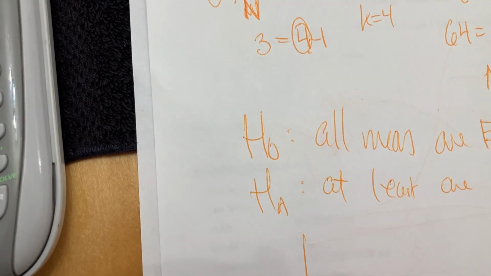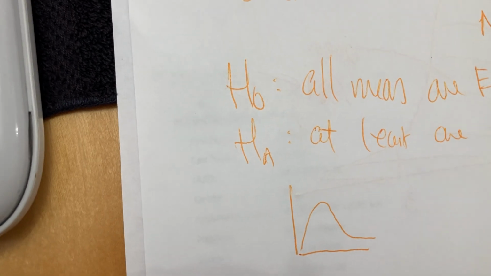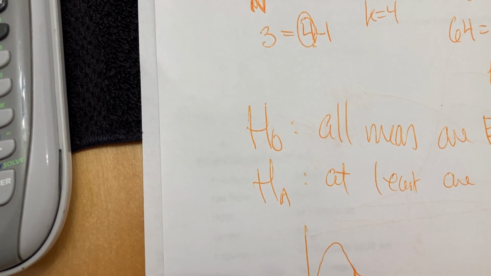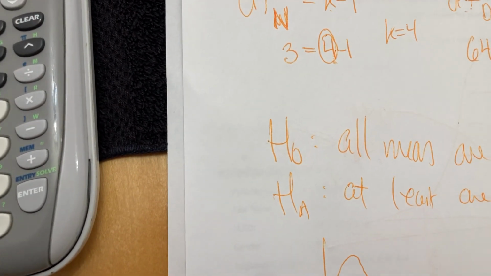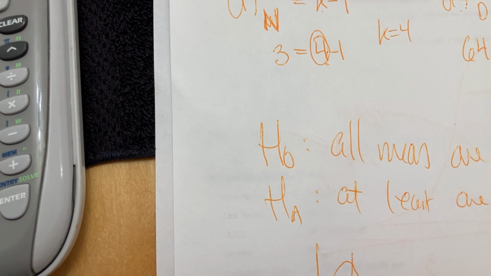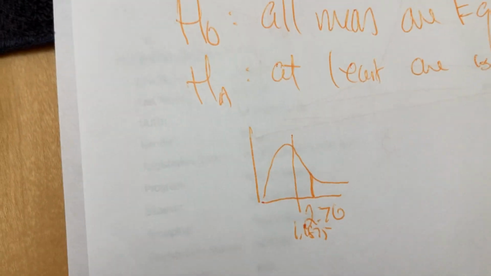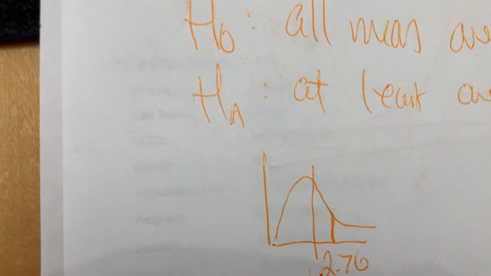Our distribution is an ANOVA distribution, which is a right-tailed test. We've found our critical value to be 2.76. We've run our test statistic, and we've had it land at about 1.1875.